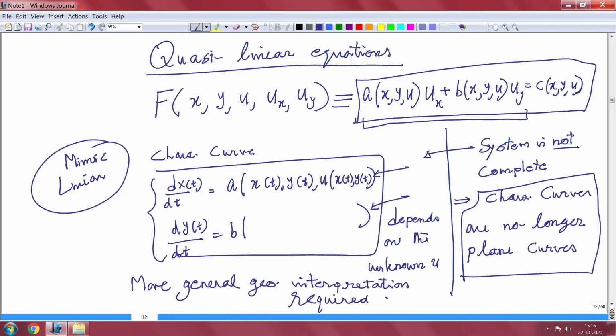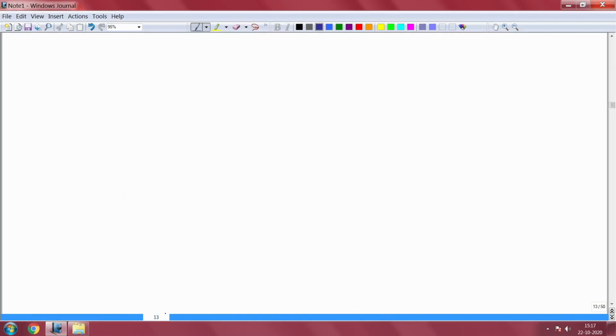Let me start with an example, and then we will go on to do a little more about it. Let us start with a similar example again. I will not complete it now, maybe I will complete it in the next class. Let us start with the famous Burgers' equation.